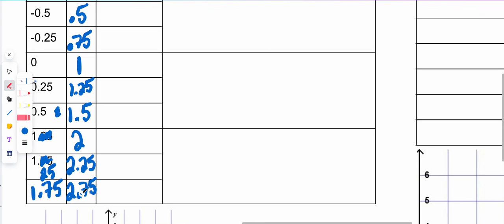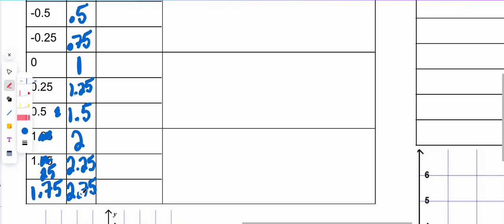Now is when we apply the greatest integer. Remember it said on that previous page that it is the greatest integer less than or equal to x.